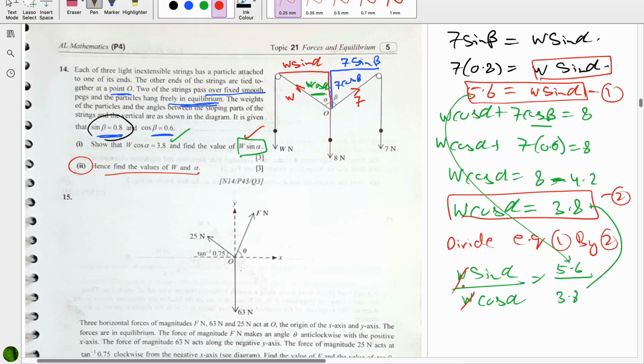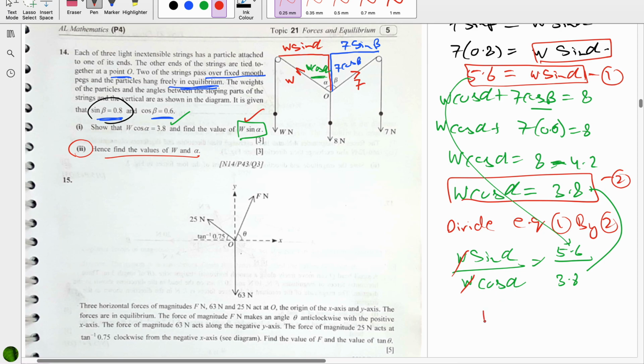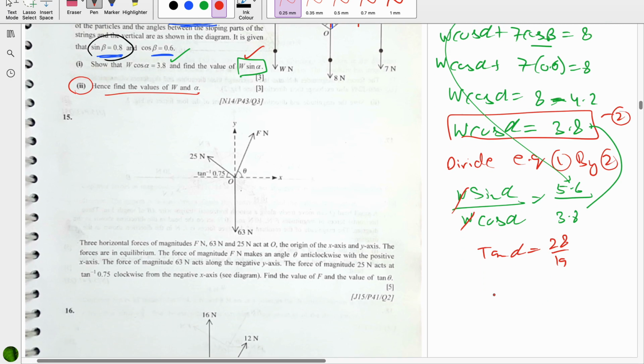W cancels with W. Sine alpha over cos alpha is tan alpha. On the other side, 5.6 by 3.8 gives you 28 by 19. So alpha is equal to tan inverse 28 by 19, and the answer is 55.8 degrees.